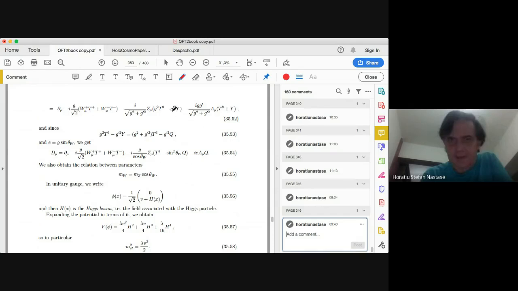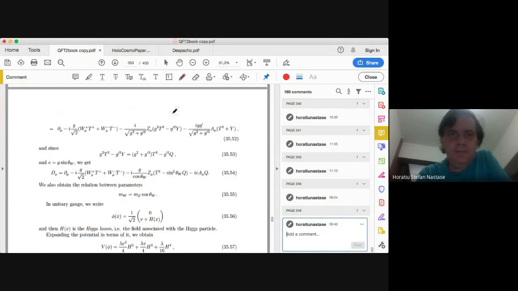And then I'm left here with g prime squared times Q, g prime squared over the square root times Q, which is, for some reason, then sin squared theta W over cos theta W. I don't see it.